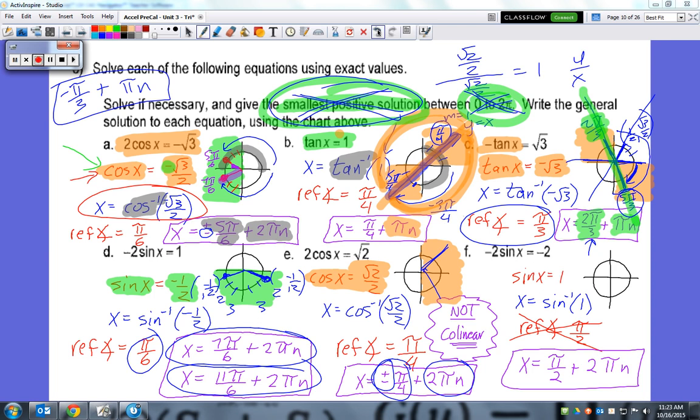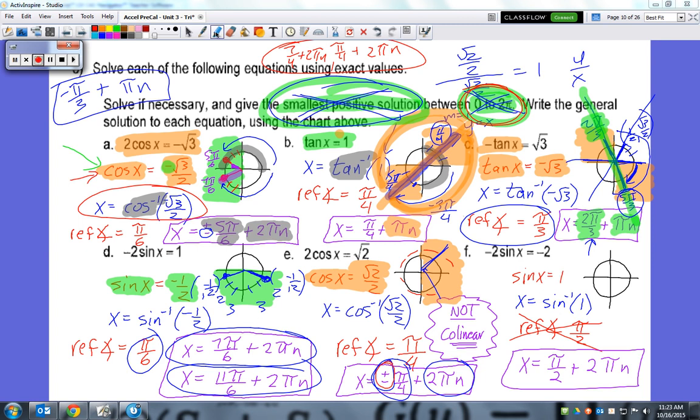So instead of plus or minus pi over 4, another way that I can write it is that one set of answers would be the pi over 4s plus 2 pi n. Or, still under this stipulation, I could say 7 pi over 4 plus 2 pi n. So I can list them both out, or I can take care of both of them by just doing that plus or minus.